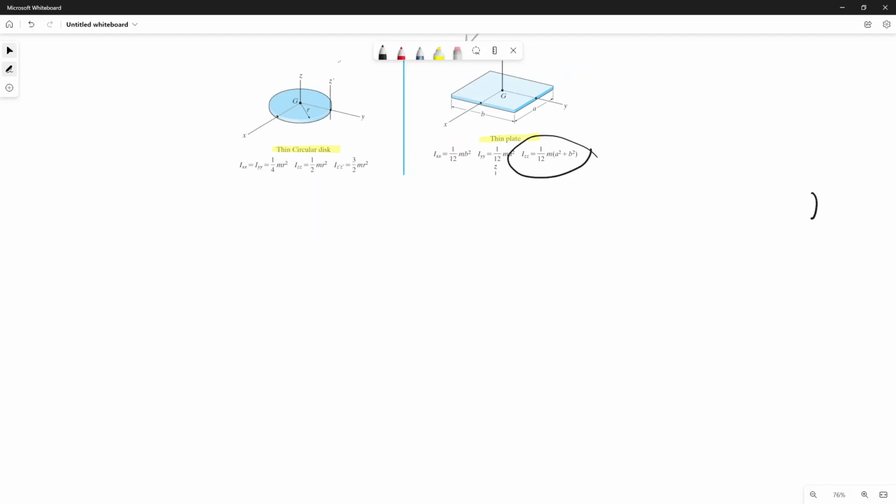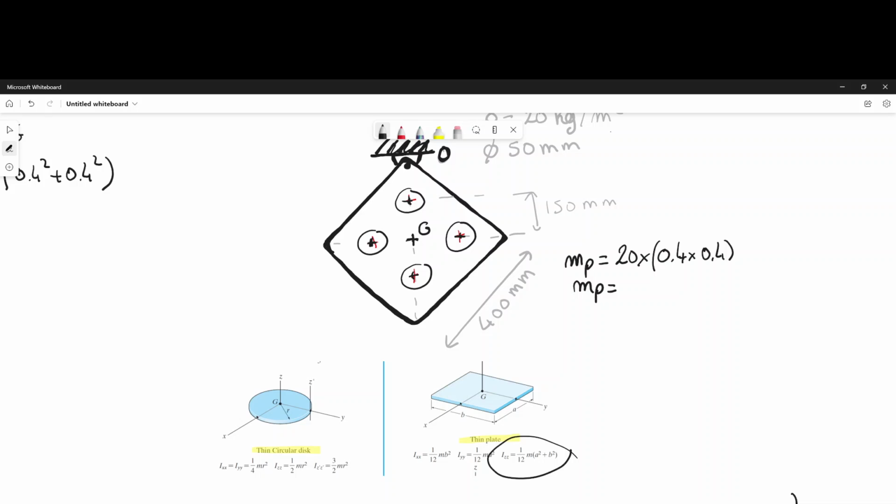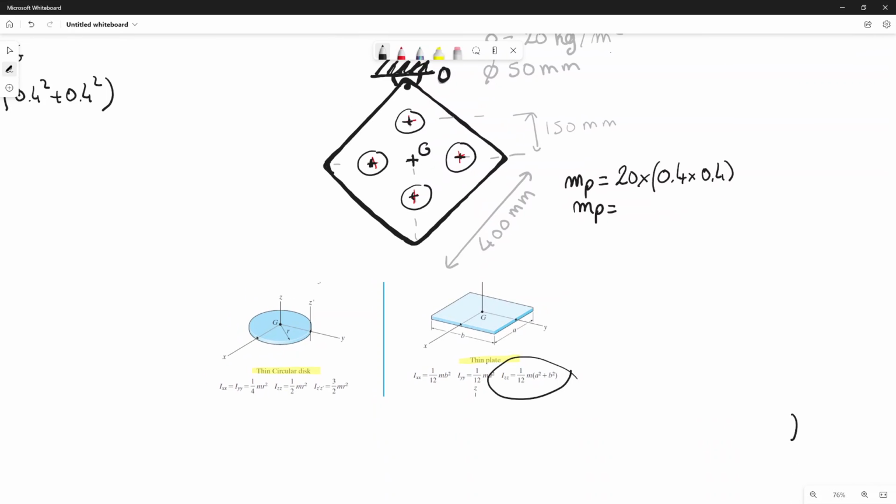That's 3.2 kilograms. And for the disk, I know it will be a negative mass, but let's find the mass of each disk right now.